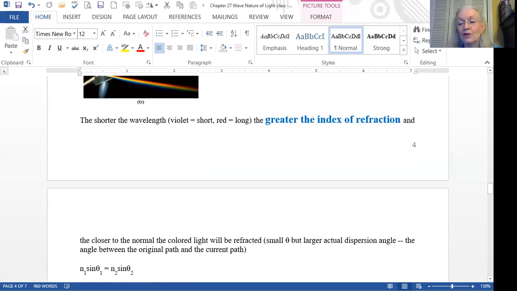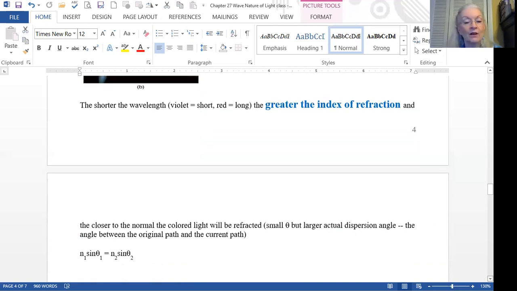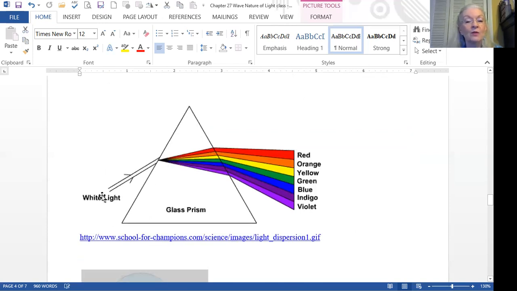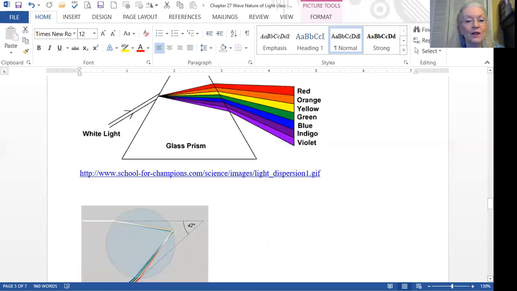We could use Snell's law to actually calculate it. We're not going to. But we could, knowing the index of refraction for each of the individual colors, figure out the dispersion angle for each of them. We won't, but we could.